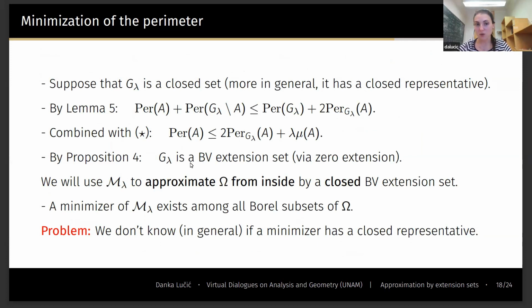So then you can conclude that your G lambda is a BV extension set by a result of Caputo, Koivu, and Rajala via this 0 extension. Okay.